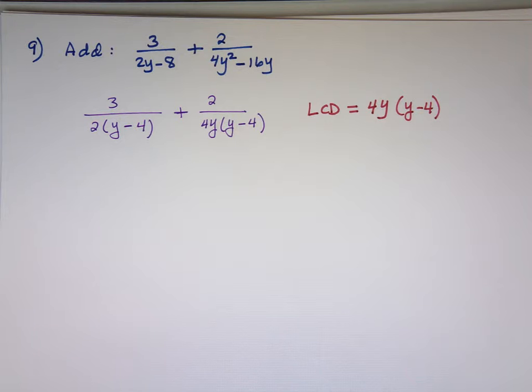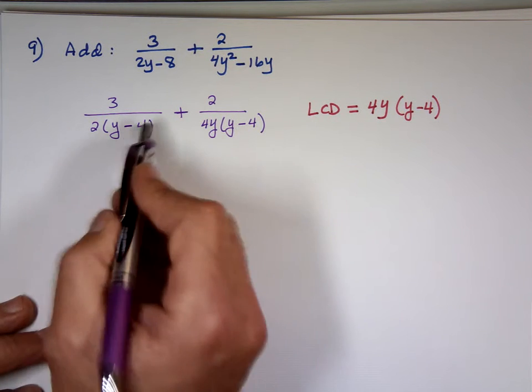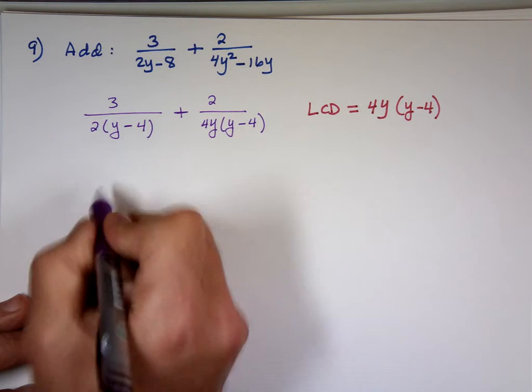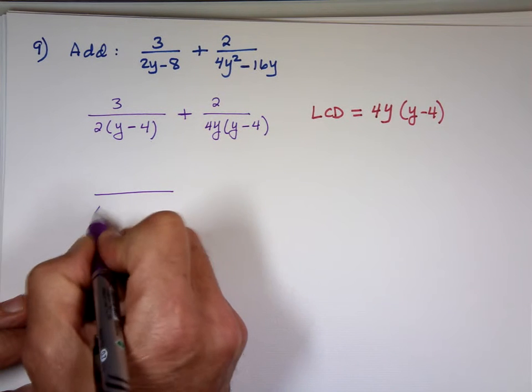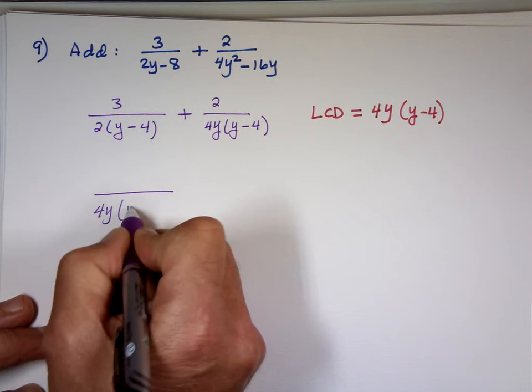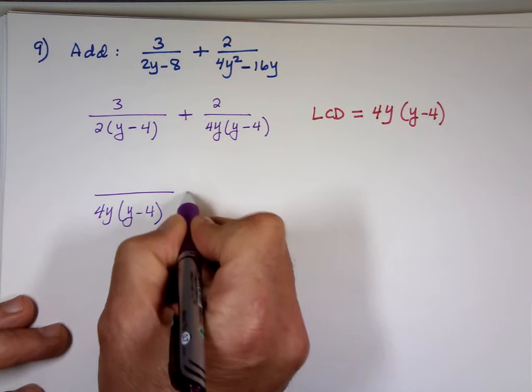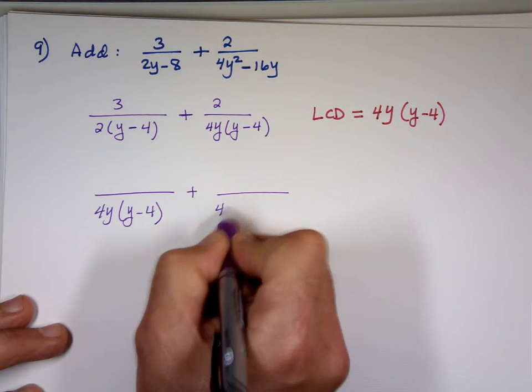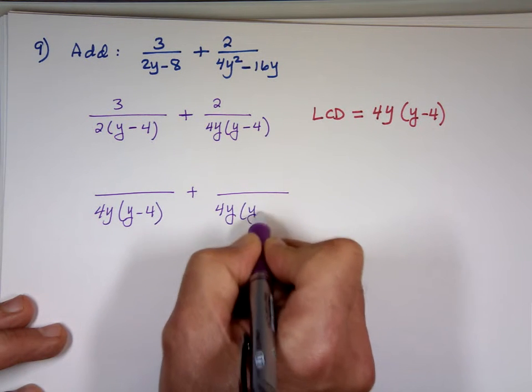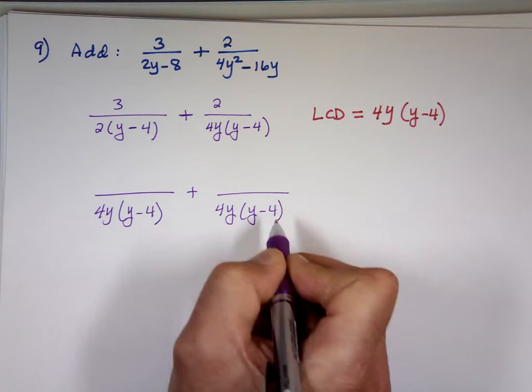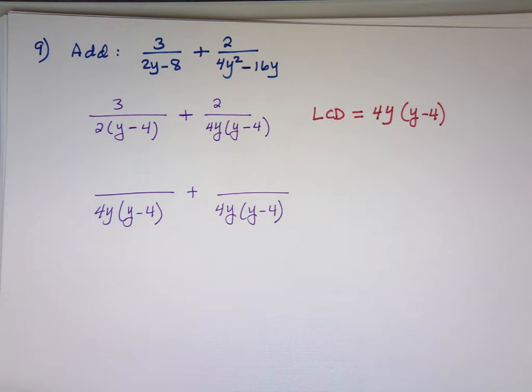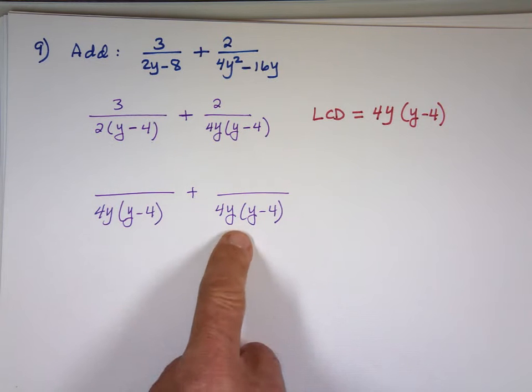So now I need to make sure each one of these fractions has the LCD for a denominator. So this is the 2, there's no change here. I'm not changing the bottom, so the top should not change.